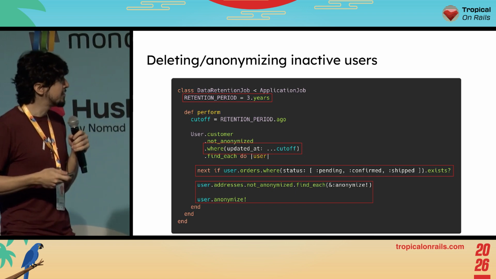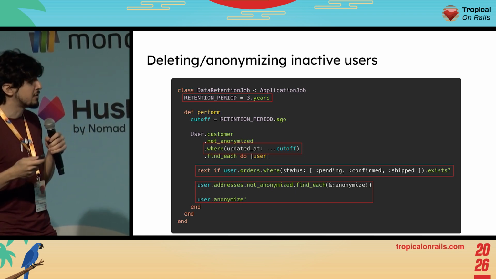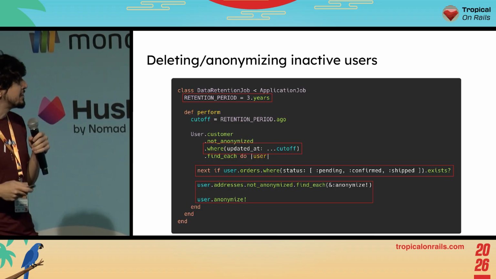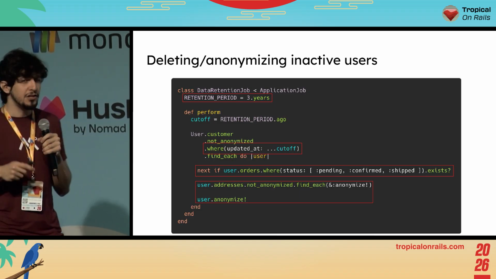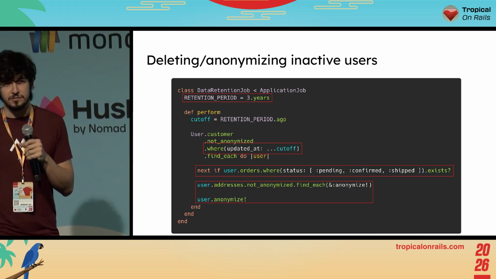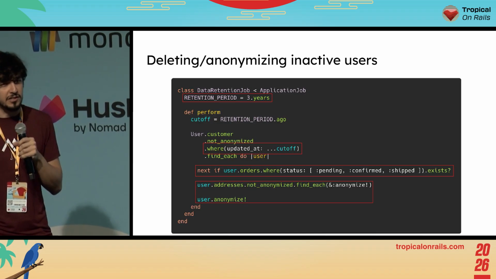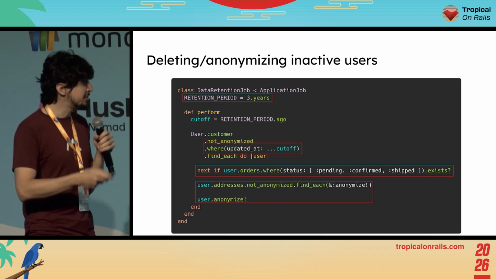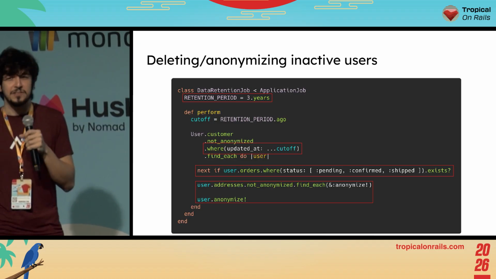One way to do that is, for example, create a job that is going to run once a week or something. You define some retention period, like any user that hasn't touched their account for the last 3 years is going to be inactive. If they want to use it again, they're going to have to create a new account. You're going to find these users. Remember to skip the ones that have things pending.